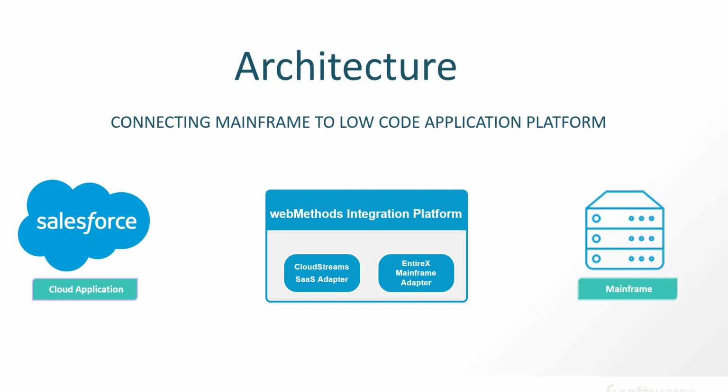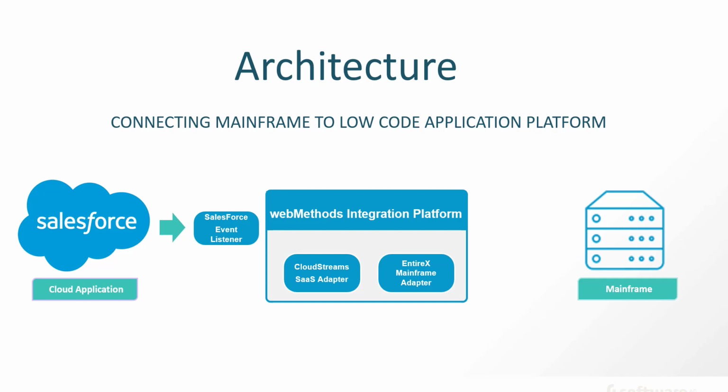On the Salesforce side, we used our CloudStreams SaaS adapter, which enables communication not only to Salesforce, but a wide range of SaaS applications. When we entered the Salesforce opportunity, we utilized our Salesforce event listener to listen for that change to the Salesforce application, where the data was passed back to the webMethods integration platform.